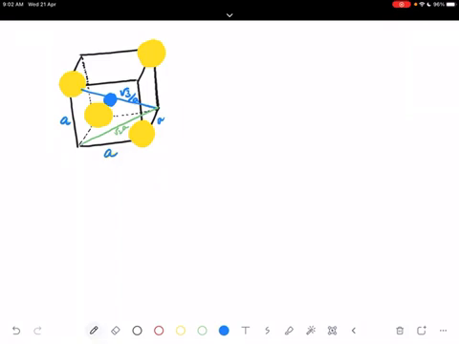So edge length is a, and the length of that green line is root 2 a. This is a Pythagoras triangle, with this a, this a, so this green line is root 2 a. Now you have to consider another Pythagoras triangle. This is the 90 degree angle.